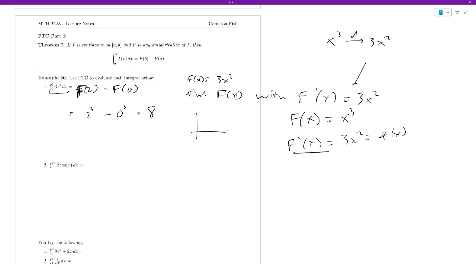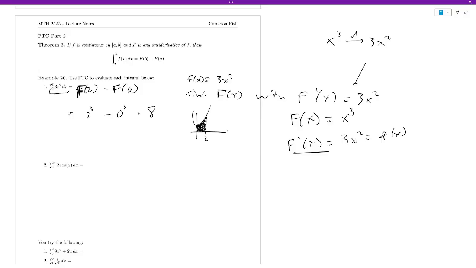If I graph 3x squared, it looks something like this. I go from 0 to 2. It's a weird area, not an obvious amount. I could do a Riemann sum to find it, but in fact, this integral will find it, and it's 8. So that's pretty cool. Let's see another example right away.